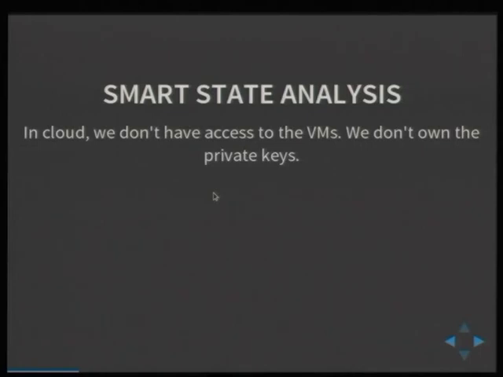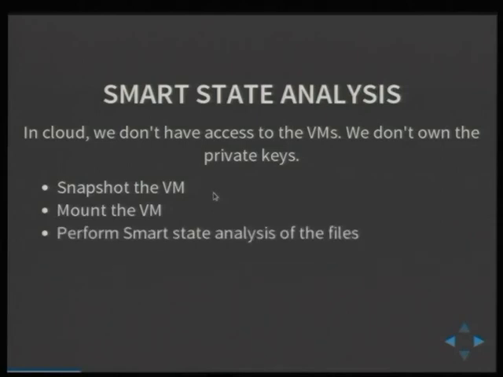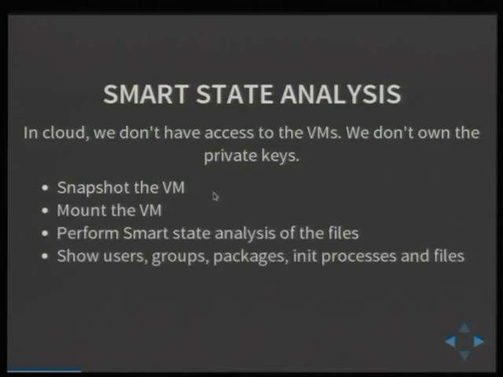Now, smart state analysis. In a short and simple way, I will explain what it is. We don't have access to VMs, right? We don't own the private keys. So to check what's in the VM, we can snapshot it, mount it in the local disk, perform smart state analysis of the files, and show what we found. So users, groups, packages, init processes, files that you configured.